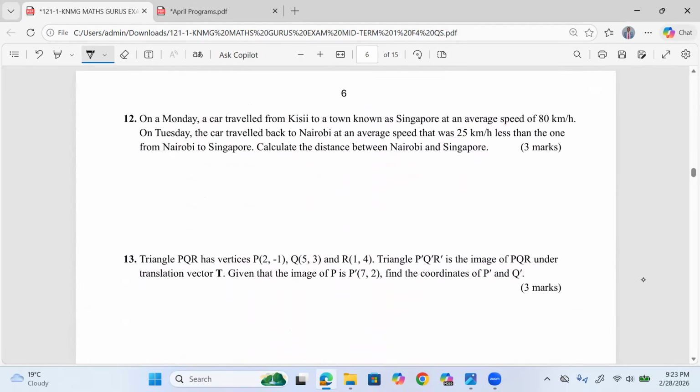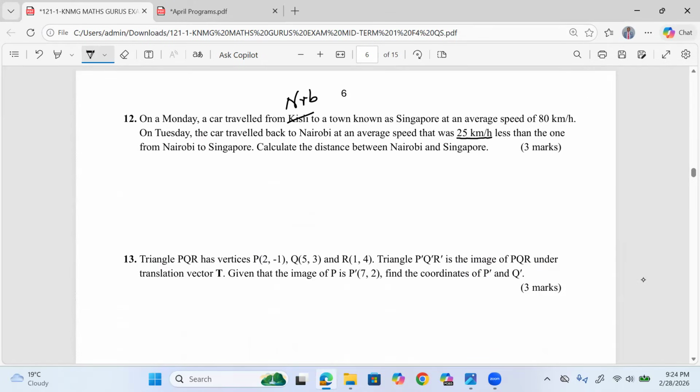On Tuesday, the car traveled back to Nairobi at an average speed that was 25 kilometers less than the one from Nairobi to Singapore. Calculate the distance between Nairobi and Singapore. That is a confusion.